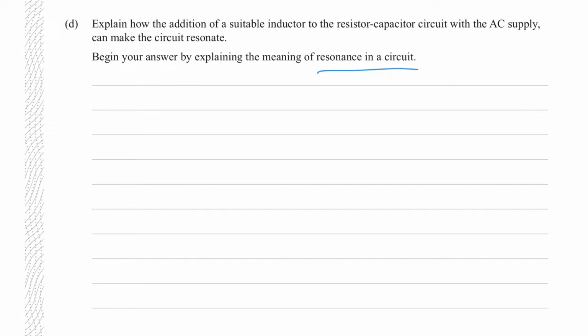So resonance is when you have maximum current flow in a circuit, and this comes about by having minimum impedance.